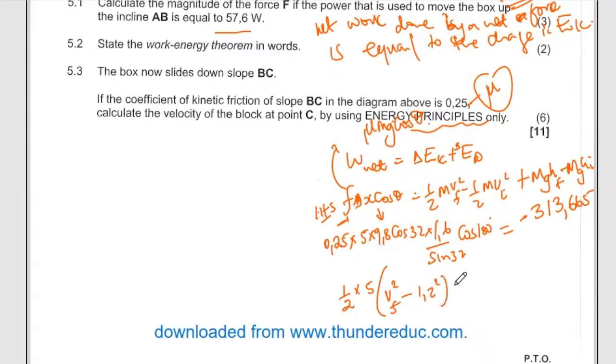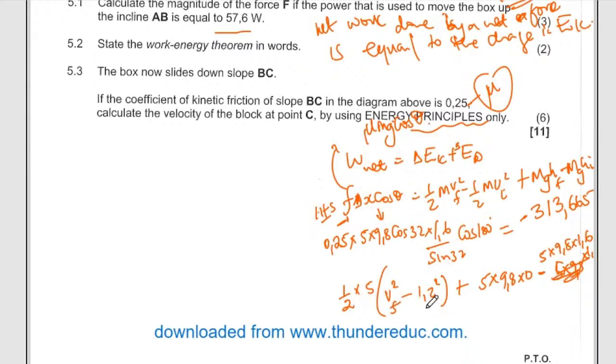And then when I look at my EPs, the mass is 5, the gravity is 9.8, the height is 0. Then I'm subtracting the 5 times 9.8 and then the 1.6.